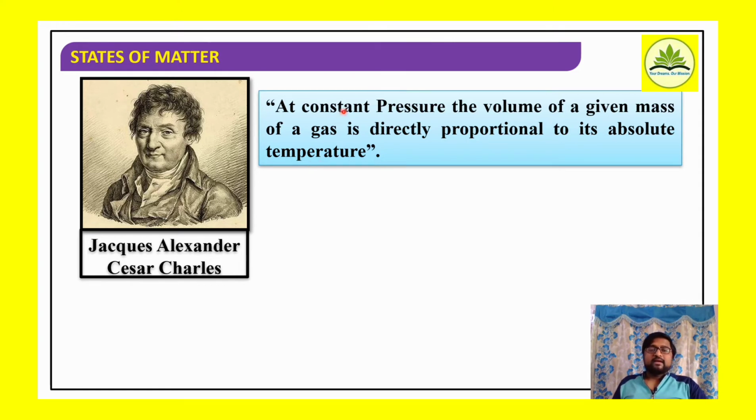I repeat, at constant pressure, the volume of a given mass of a gas is directly proportional to its absolute temperature. Mathematically, V, the volume of a gas, is directly proportional to temperature T.